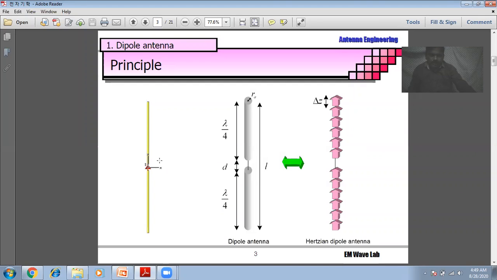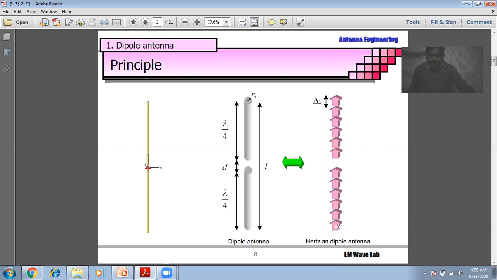So let us see here. This is a dipole antenna. It has a length lambda by 4 plus lambda by 4. Actually, what is happening is that inside a dipole antenna, there are many more Hertzian dipoles. The Hertzian dipoles are very small.